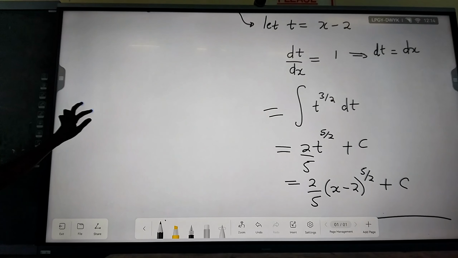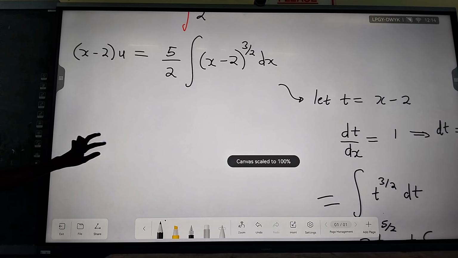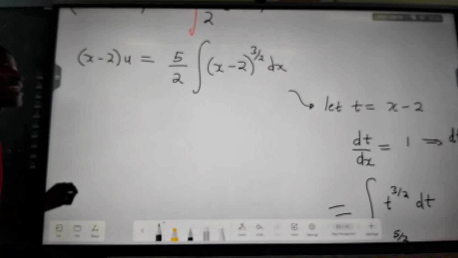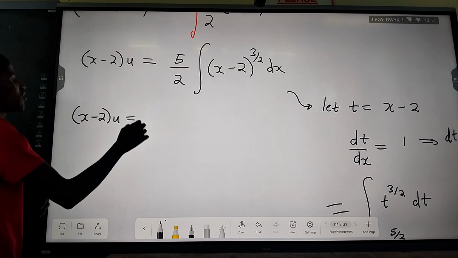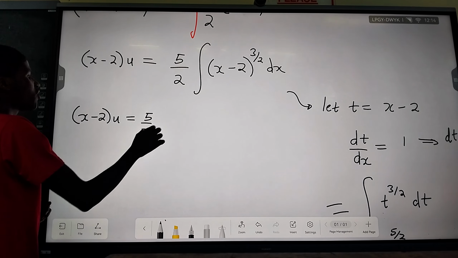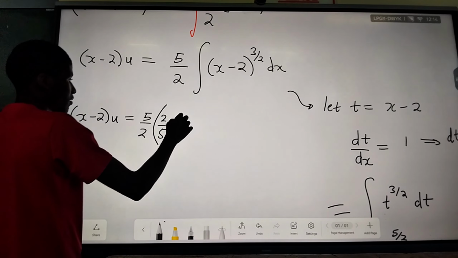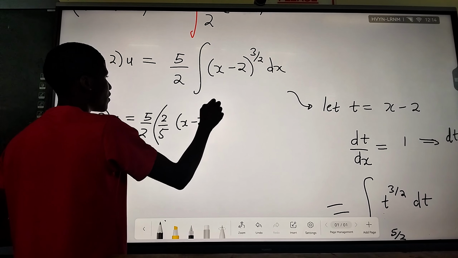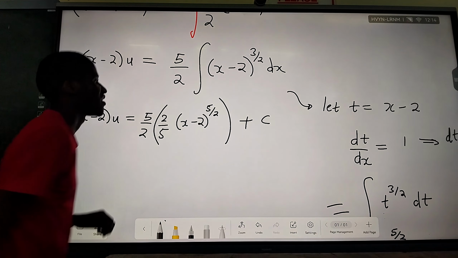I'm just going to substitute that into the integral, excluding the constant. So this is x minus 2 times u is what? 5 over 2 into 2 over 5, x minus 2 to the power of 5 over 2 plus c.